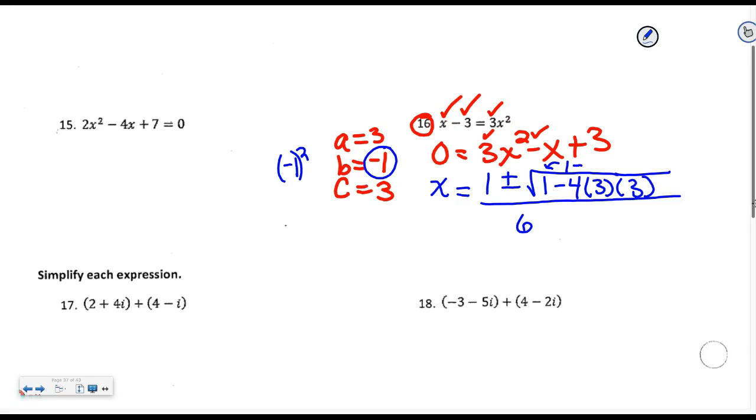I'd have 1 minus 4 times 3 is 12. 12 times 3 is 36. That's a -35 under there, so I'll do a rewrite. It's 1 plus or minus the square root of -35 all over 2a. I'll pop the negative out as an i.